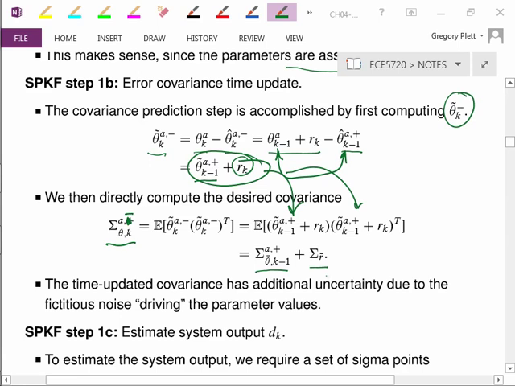Okay, so when I'm making a prediction, I just use the old estimate, but we understand that the parameters may have changed, and so the uncertainty of my prediction needs to be bigger than the uncertainty of the estimate. By how much? Well, by how much those parameters might have changed.